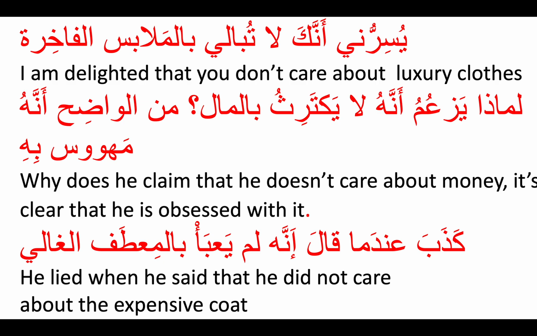Another very useful verb for you here is كذب, in the present يكذب, to lie. عندما, when. قال, he said. قال plus إن, said that, إنه, that he. لم, we use this to negate the past, and then the verb is in the present with a sukun on top of the last letter, so لم يعبأ. Be, about. معطف is coat. غالي is expensive.